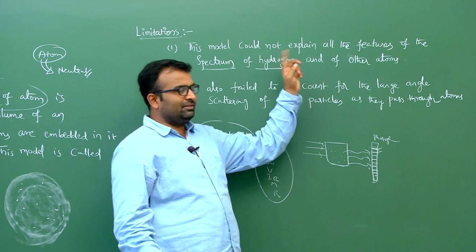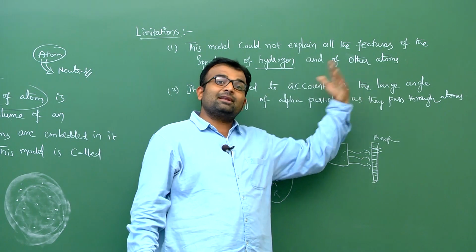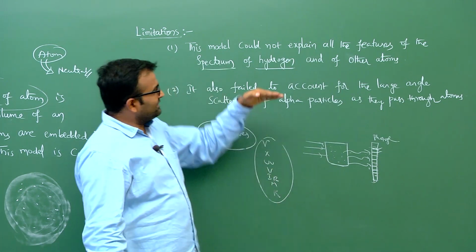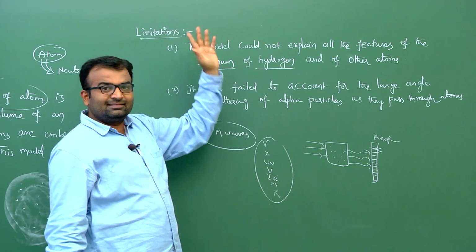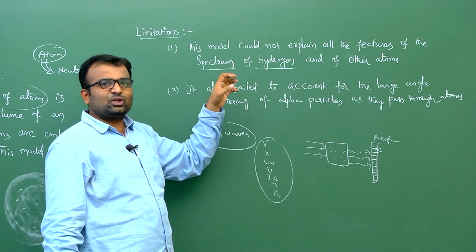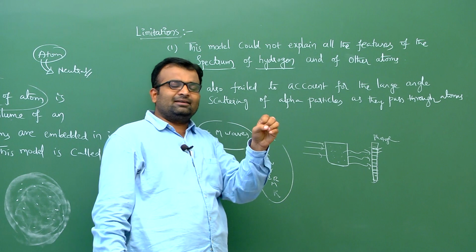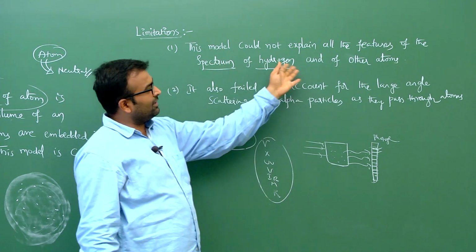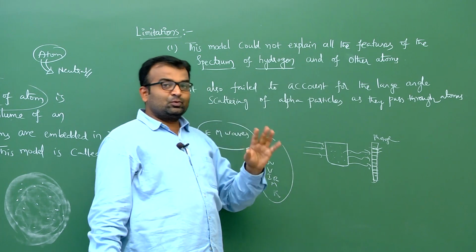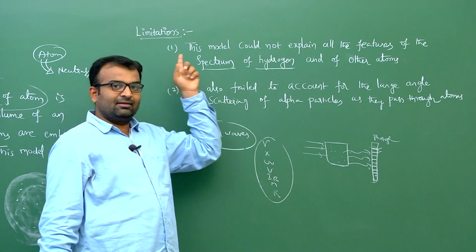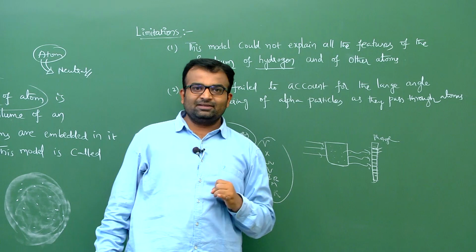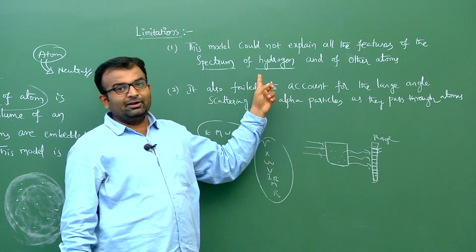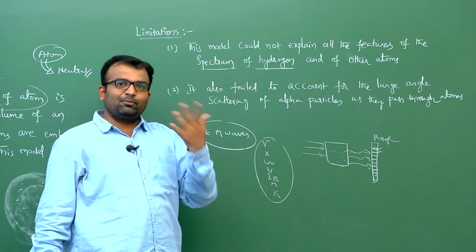Thereafter they can go for explaining the spectrum of other atoms. For the simplest thing itself they failed, forget about other atoms. That is the main drawback or limitation of J.J. Thomson. This can be a continued limitation for the Rutherford model too.